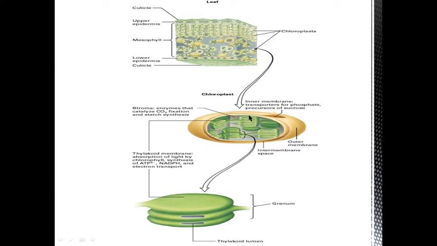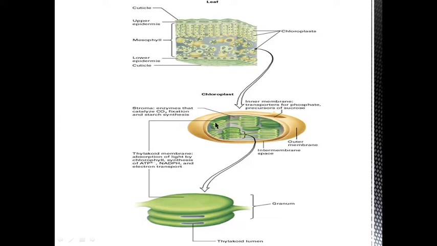That means all the stages of light dependent phase occur in grana portion of chloroplast. And now this is the stroma portion of chloroplast, where the dark reaction, that means light independent phase of photosynthesis, occurs in the stroma portion.